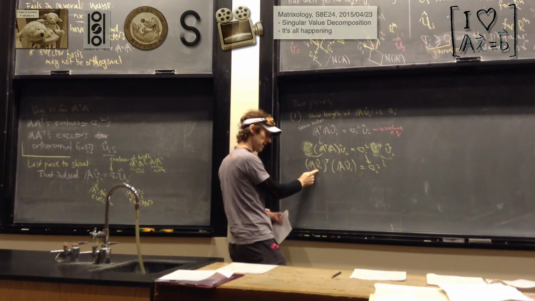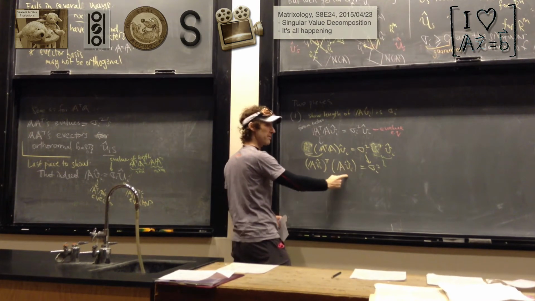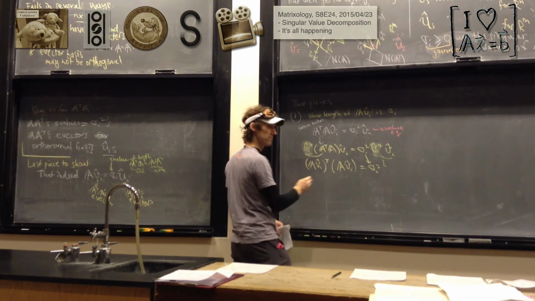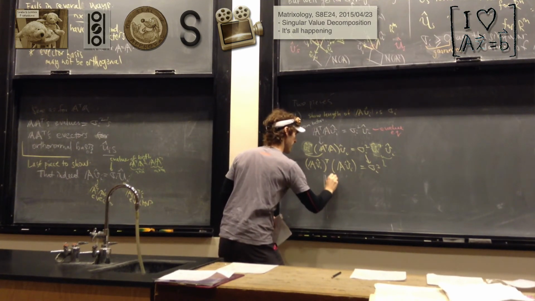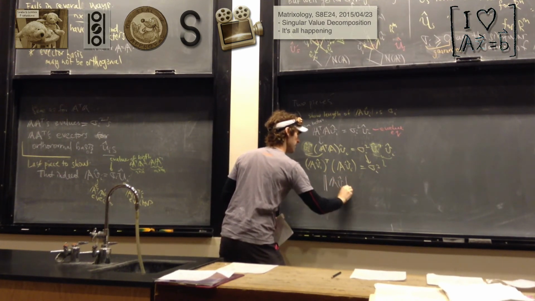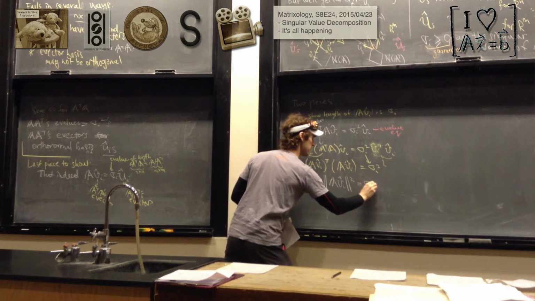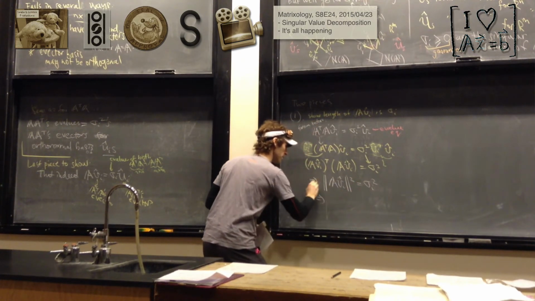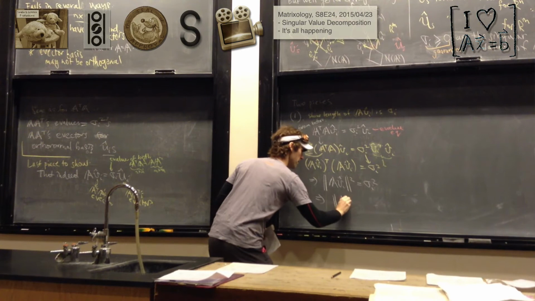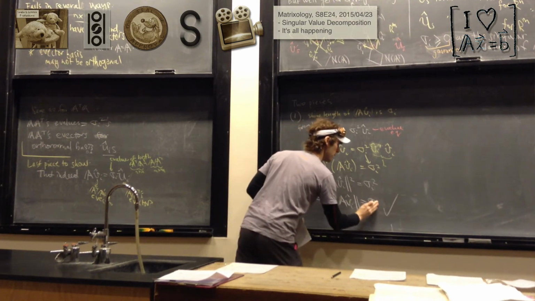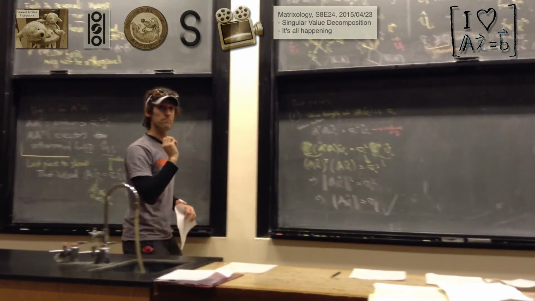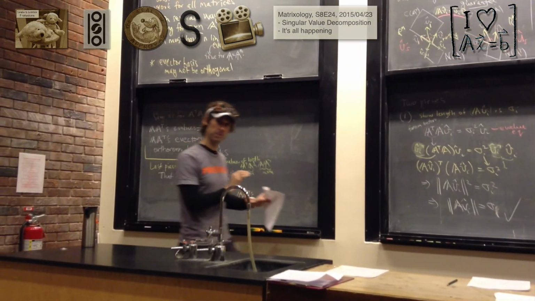This is a vector transpose times that same vector, so it is its length squared. The length of A VI squared equals sigma I squared. So therefore, the length of A VI is sigma I. We needed that. This is a funny little calculation, but it all works out.